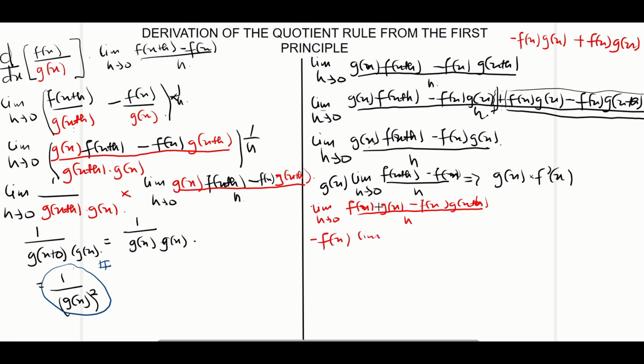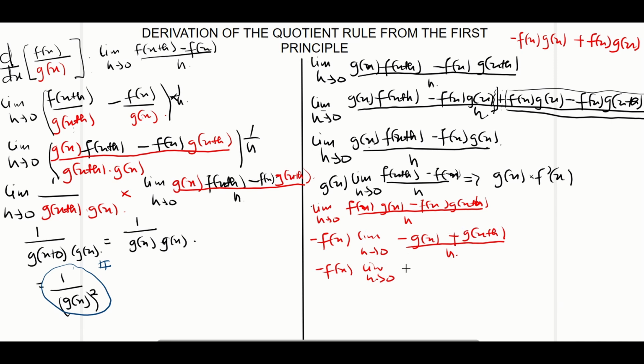Now here is positive, so when you factor out, here becomes negative g of x plus, negative negative positive, g of x plus h, all over h. But we can rearrange the numerator, which will now be minus f of x, limit as h approaching 0.